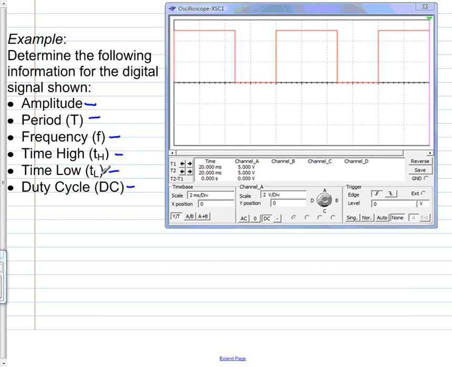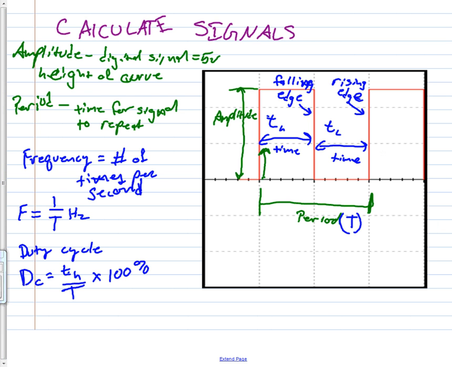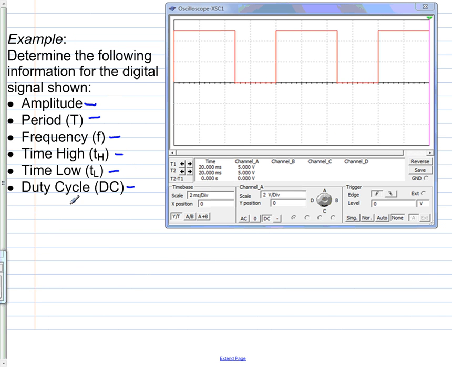Okay. So basically, if we look back at our digital signal from our first screen, we can see that the amplitude is how tall our signal is. If I look on here, I can calculate that my amplitude goes from about the midpoint of that division down to that division.